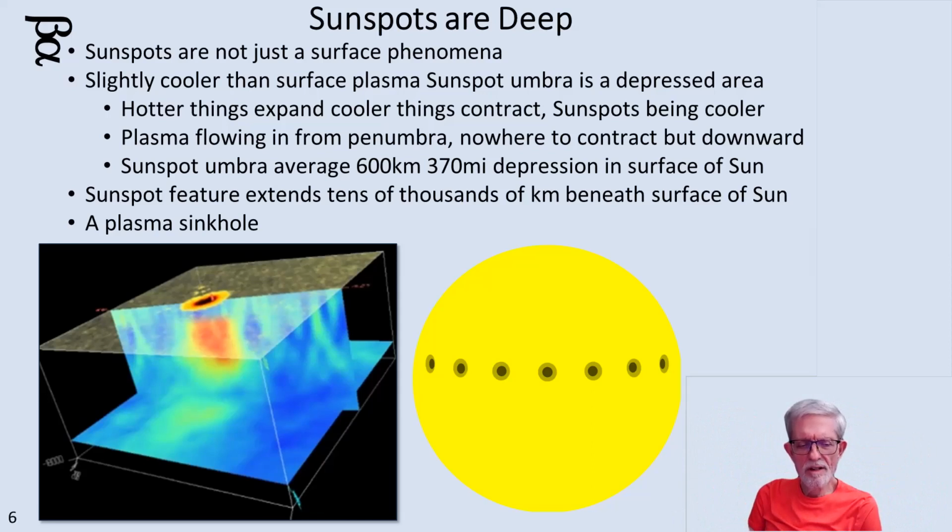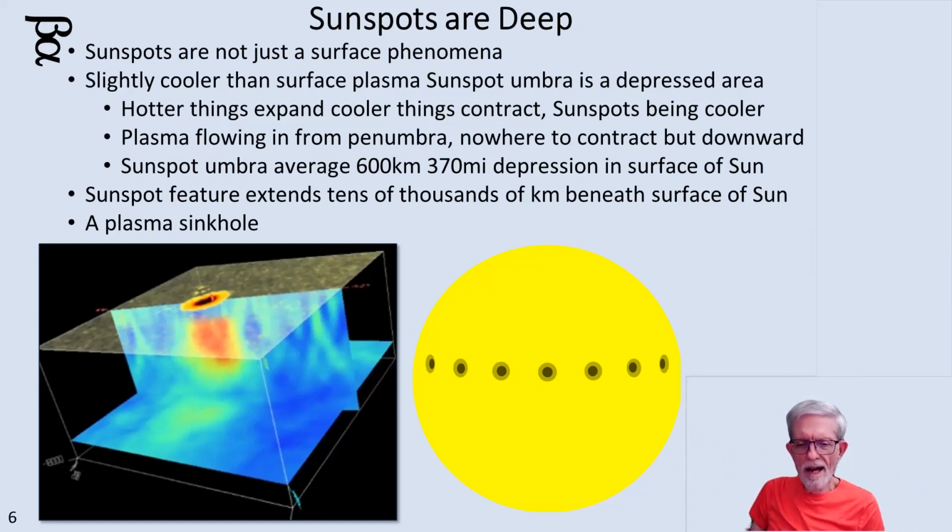And the actual structure of a sunspot, because the magnetic field lines go so deep into the sunspot itself, not the depression well, but the actual convoluted magnetic structure of the sunspot, is thousands of kilometers beneath the surface of the sun. And you have an image on the left there that was taken from different slices of energy levels of the sunspot, and they could see how it grew from the outer to the inner.